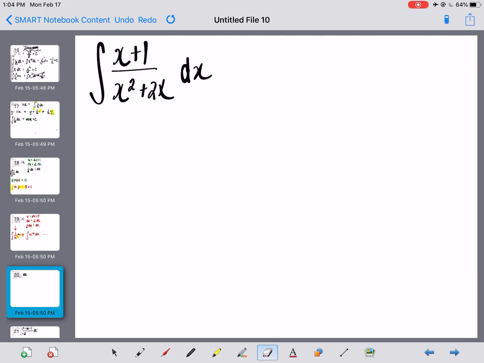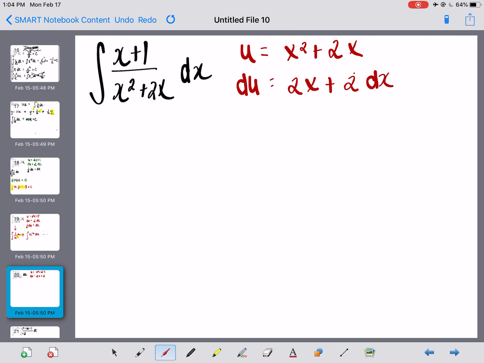Here is another example. If you want to pause the video and try it on your own at this point, you may, or you can follow along still. So in this case, we would let u equal x squared plus 2x. Du would give us 2x plus 2 dx.